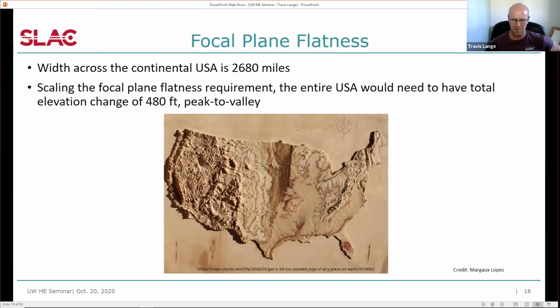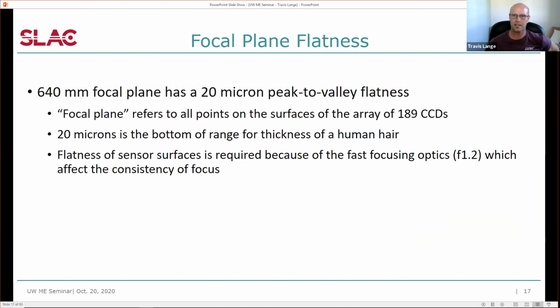So that gives a better idea of how flat the focal plane needs to be. The reason for that is that it's very fast focusing optics because of the wide field of view. If we don't have them all contained within a narrow band of the same focal plane, we're going to have problems with the consistency of focus for the images.